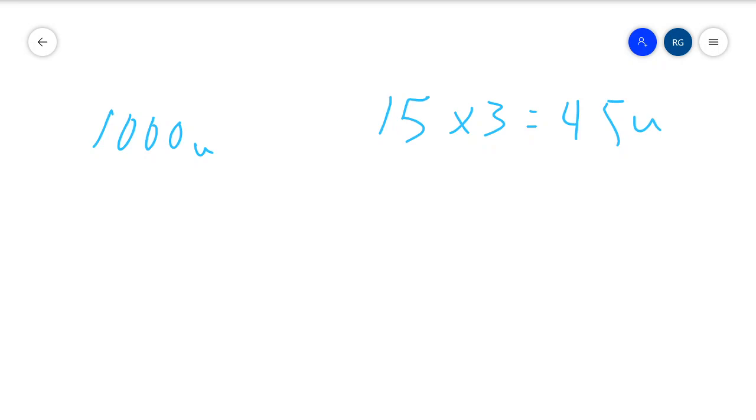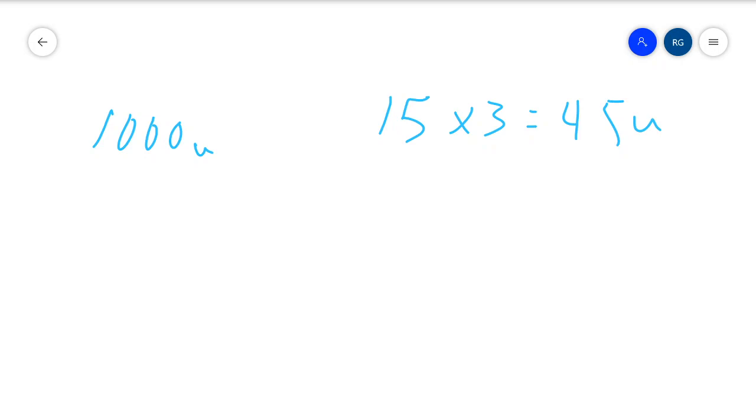Number 2. Novolog U100 in 10 mL. Again, you multiply 100 times 10. You get a total of 1,000 units per 10 mL. We're injecting 15 units subcutaneous 3 times a day. So 15 times 3 equals 45 total units for that day.